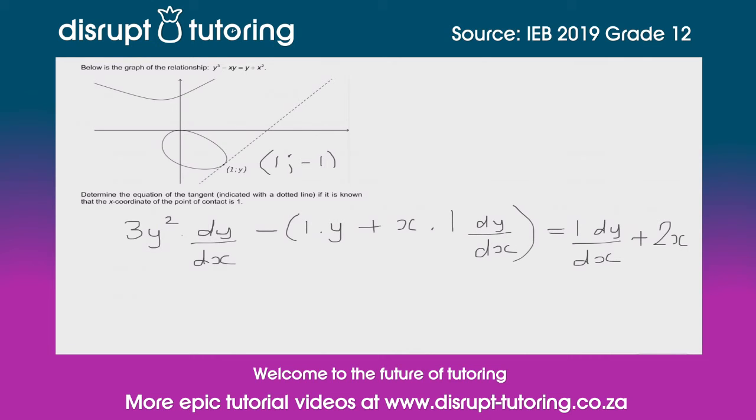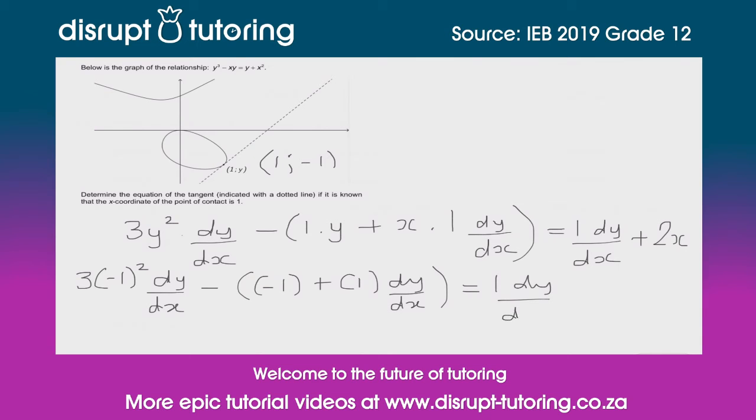So when we have a y value of minus 1 squared, we can substitute y value of minus 1, x value of 1, dy by dx, equal to 1 dy by dx plus 2 times 1.